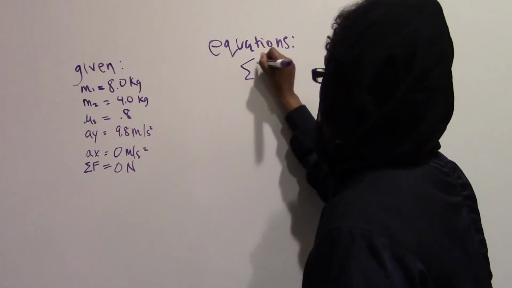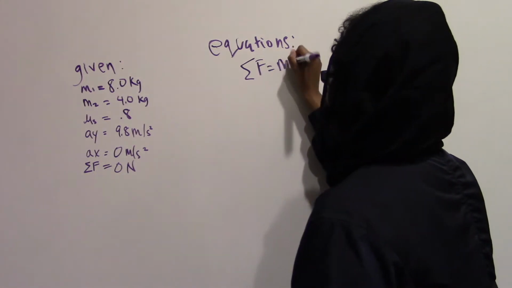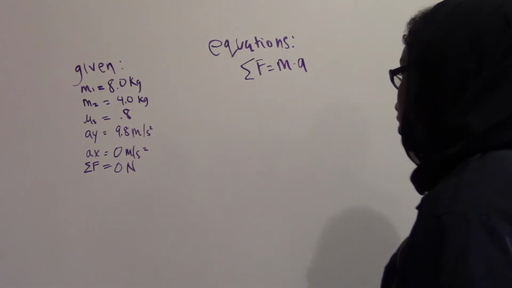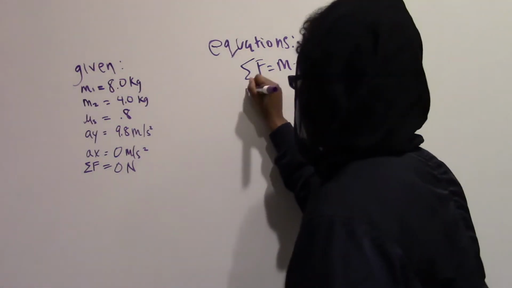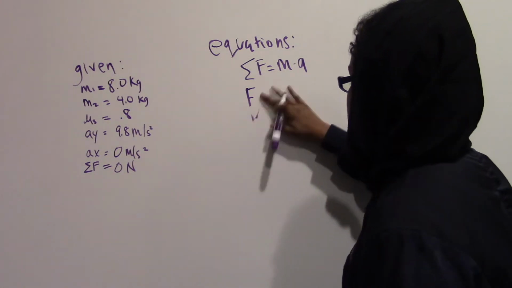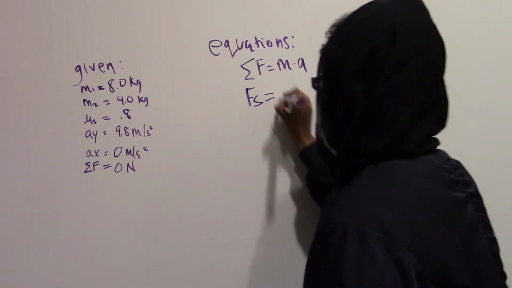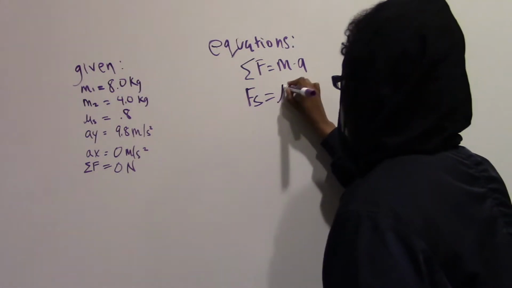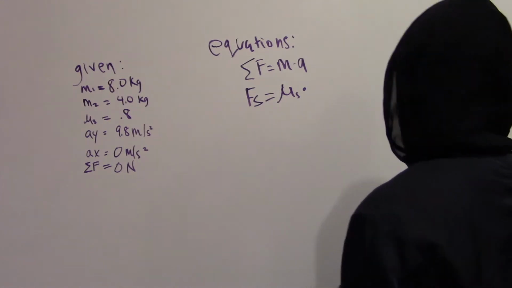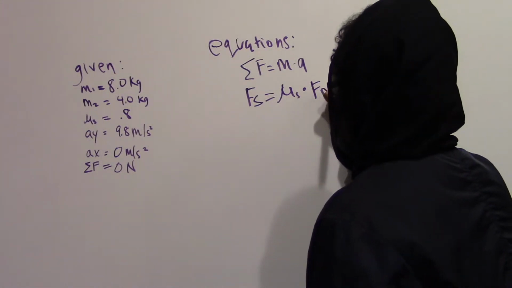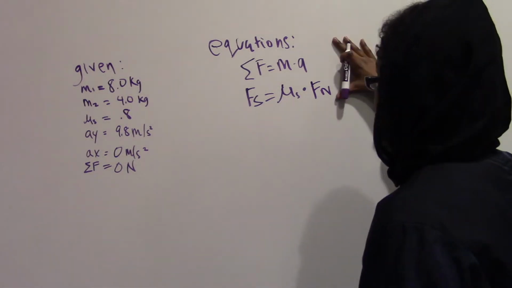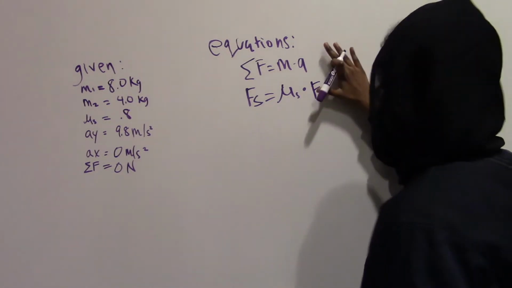So the sum of forces is equal to M times A. Next, there's another equation, and the force of static friction, F sub S, is equal to mu s times F sub N, the force normal, which we saw earlier in my picture. So these are the two equations straight from the equation sheet that we're going to use.